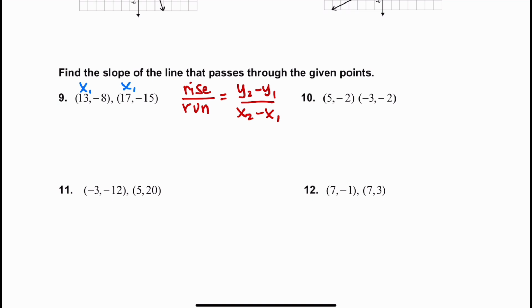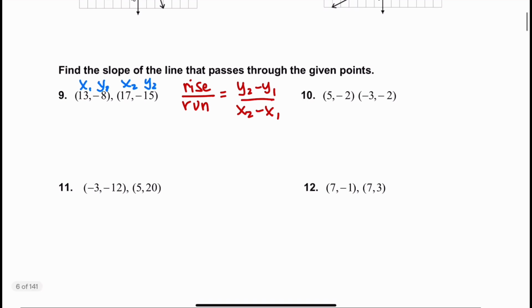It really doesn't matter as long as whatever you put for x, it's going to be that same number for y. So we have x1, y1, x2, y2. So we're going to put a number for each of those. But if these were in a different order, it would work out just fine.